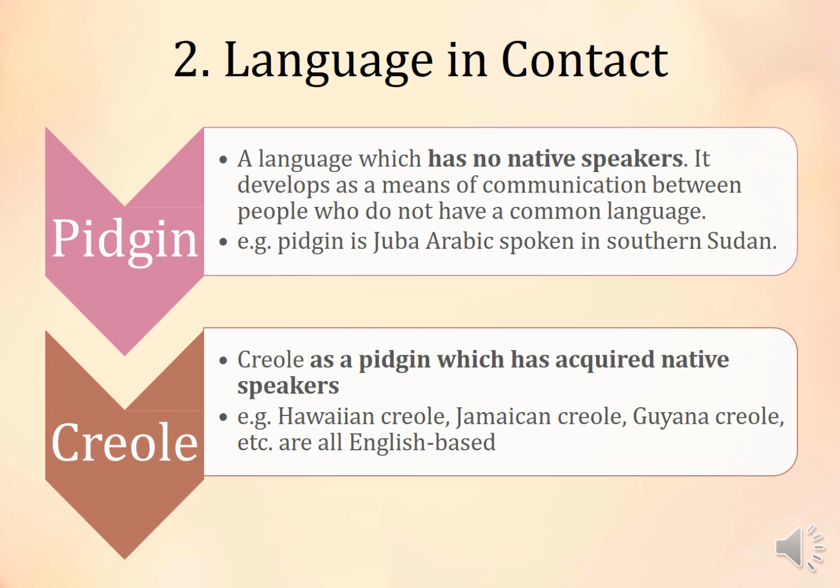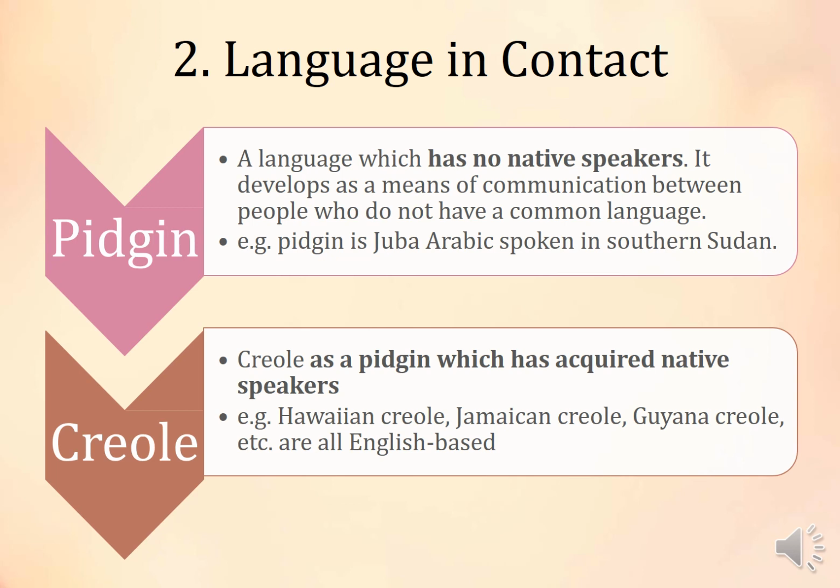It means if there are two people belonging to two different countries where English is not their first language or their common language, but they utilize English as a means of communication, then they are using a Pidgin. An example is Juba Arabic spoken in southern Sudan.